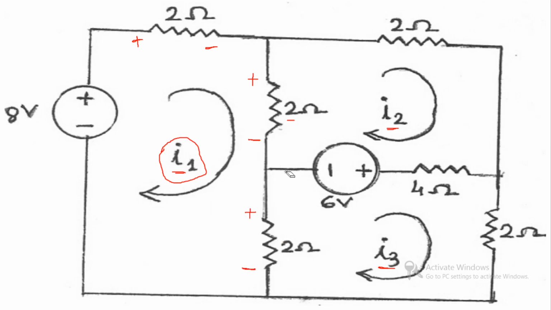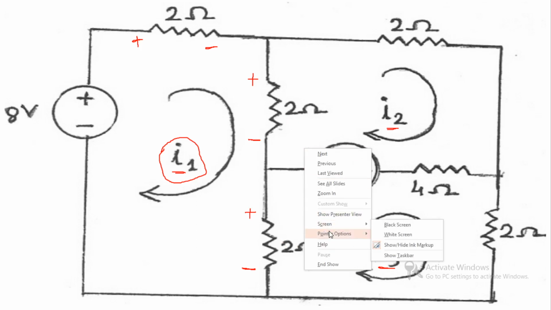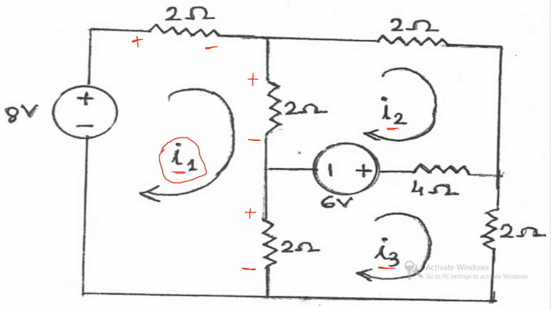Now consider the polarity for current I2. In this particular resistance, current will enter at this point and leave at this point, so this is the plus and minus sign. In this particular resistance, current will enter at this point and leave at this point. In this 4 ohm resistance, current will enter at this point and leave at this point. This source has its own polarity.